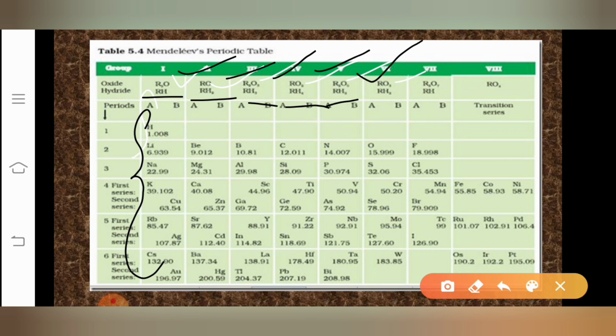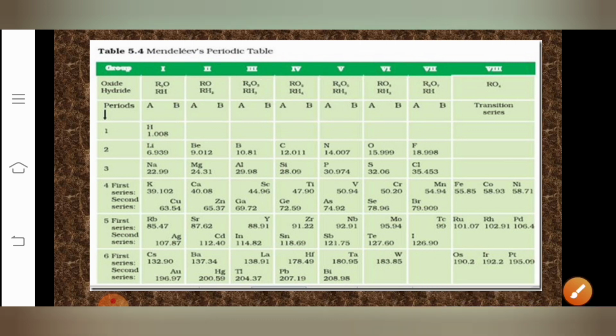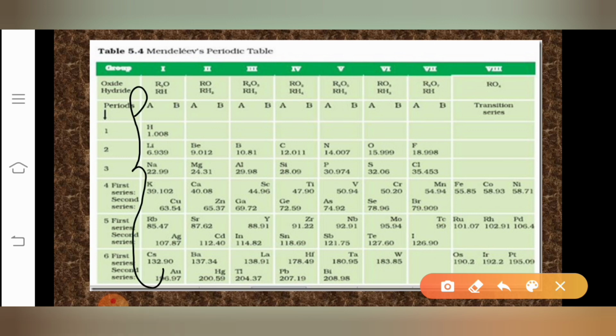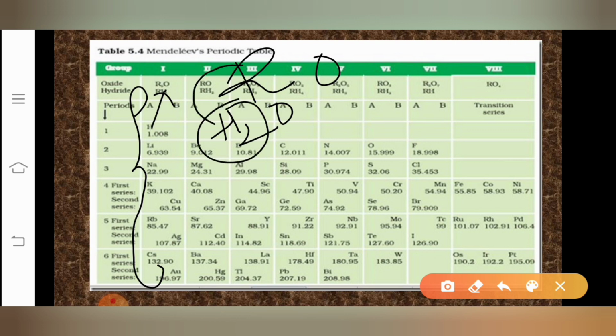Correct? So for whatever combination he has seen, he has clubbed the elements into groups. For example, suppose hydrogen is reacting with R2O, it becomes H2O. I told you that R may be any element and O is the oxide. So now I am replacing R with hydrogen.